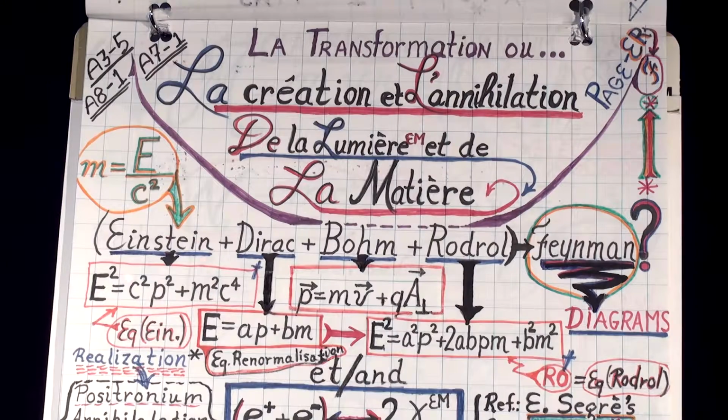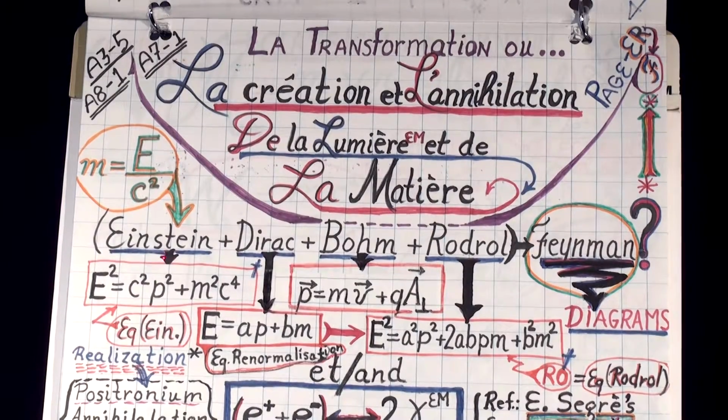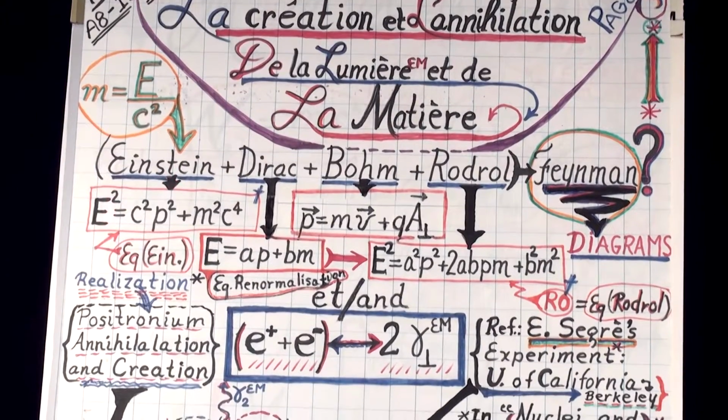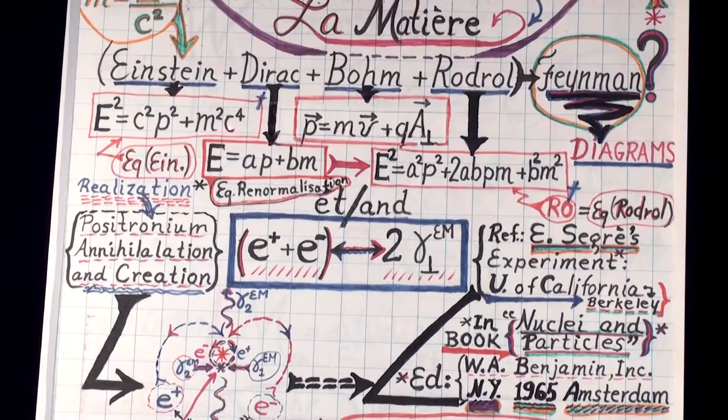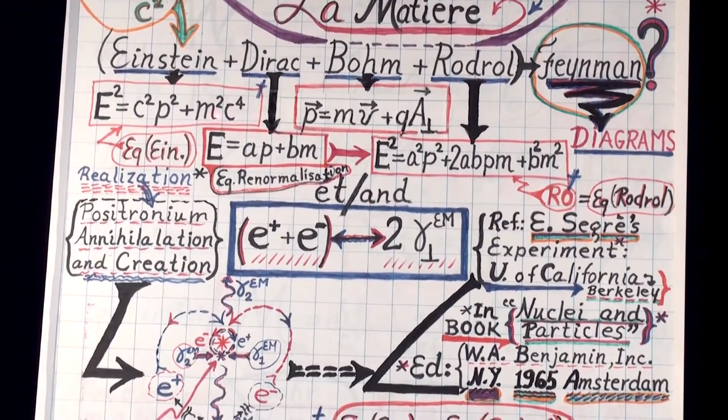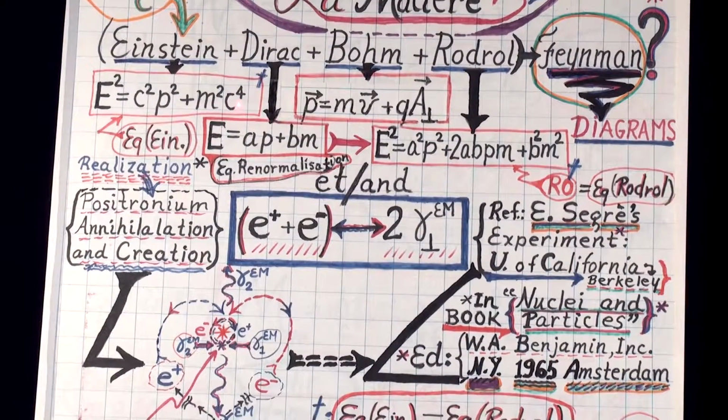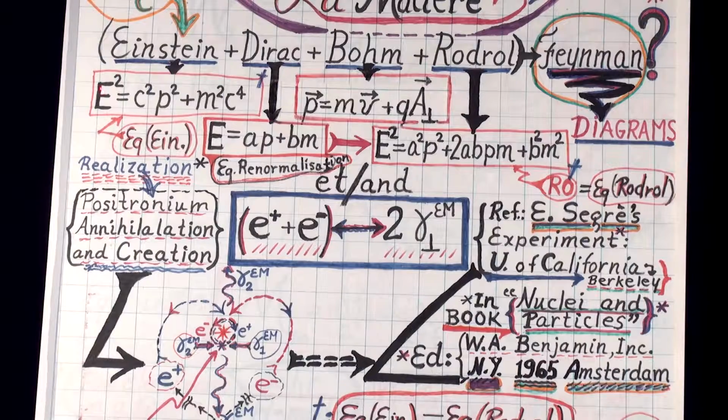So Einstein's equation of a particle, the square of the energy of the particle, is given by this equation, coming from mc squared, for the energy of the particle with respect to the center of mass.